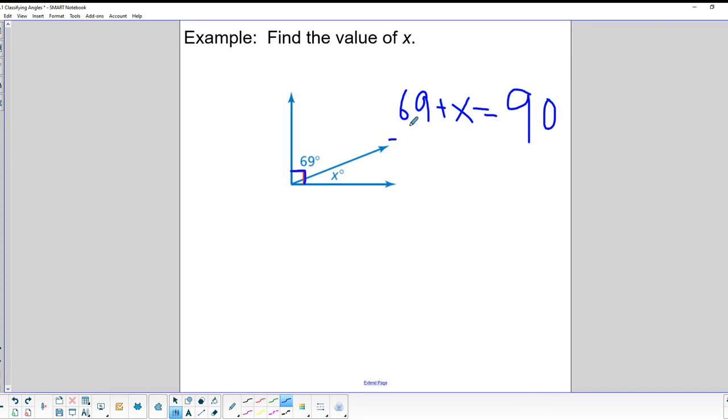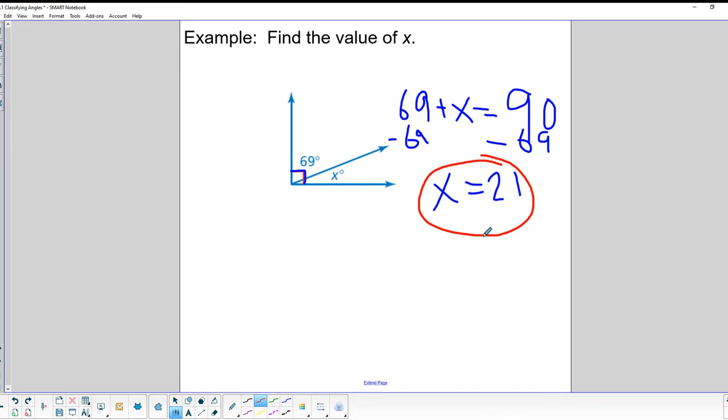Then we just subtract 69 from both sides, and we end up with x equals 21 degrees. So there you go. Okay, moving on to the next problem.